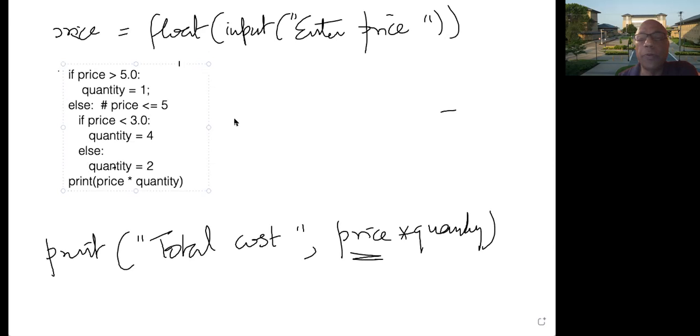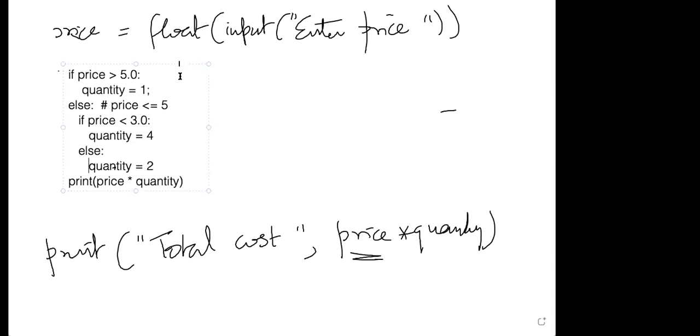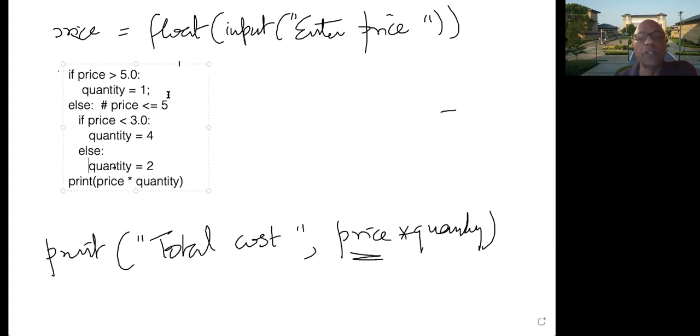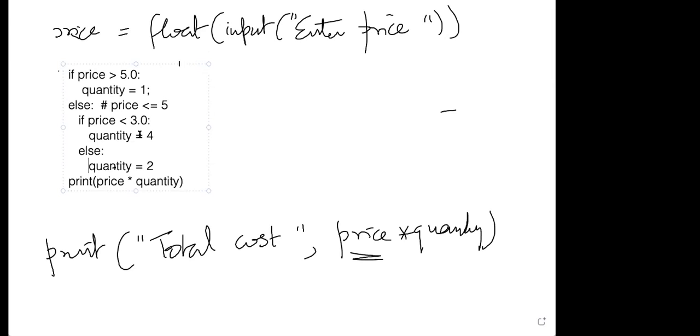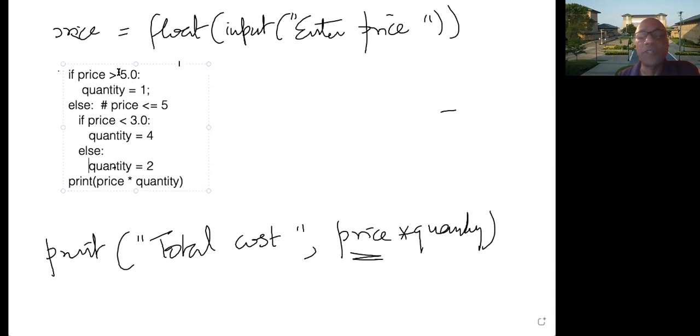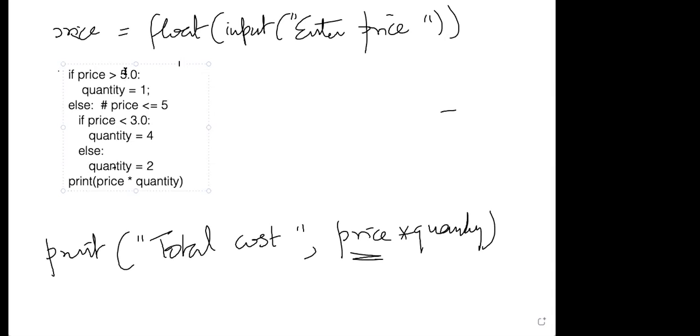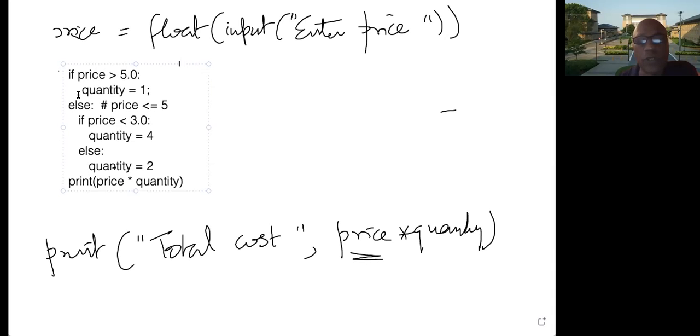Would quantity be 2? No, it would be 1. Correct. Let's try a few other things then. $5. The quantity would be 2. Correct. Why is it 2? That is a very good answer. If it is 5, this is not true. 5 is not greater than 5. So this will be ignored. You will come to the else.